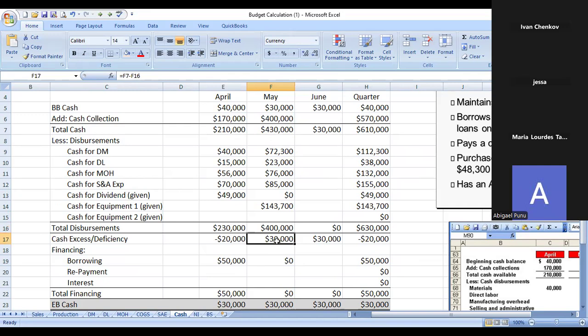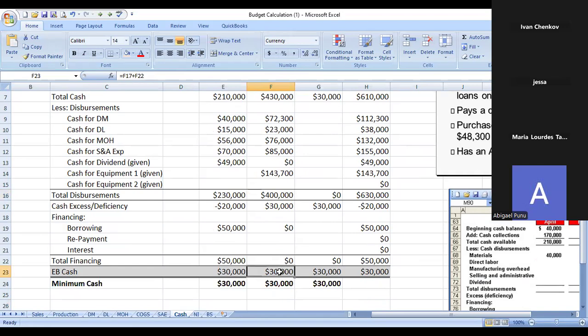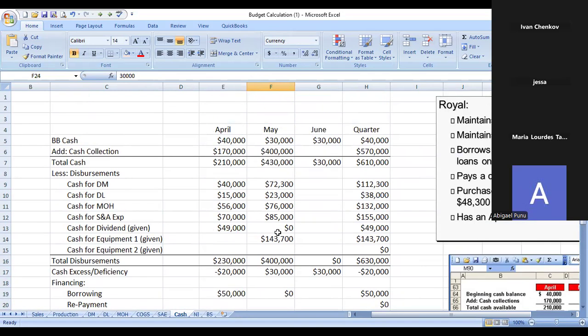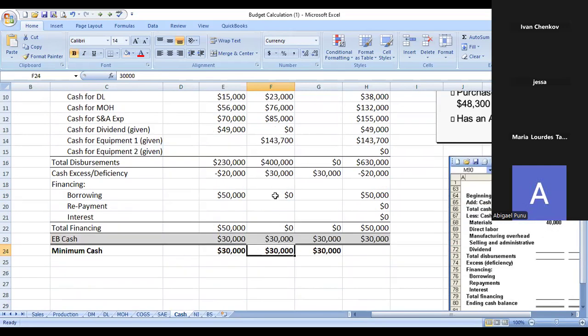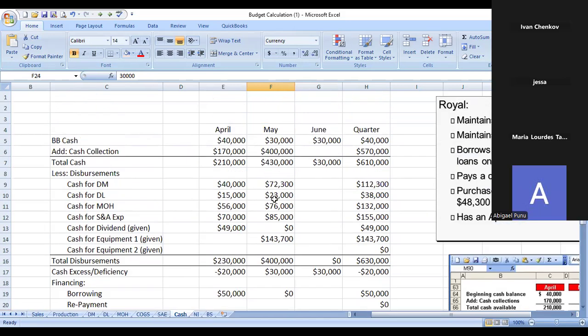In fact, we have exactly $30,000 more cash than we spent, which magically becomes our minimum balance at the end of the month, matching our minimum cash balance. So for the month of May, we don't have to borrow extra, but we don't have excess cash to pay any of the borrowing that we already borrowed. And we're done with May.